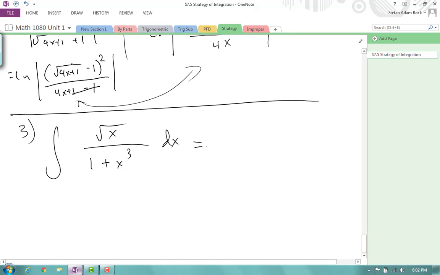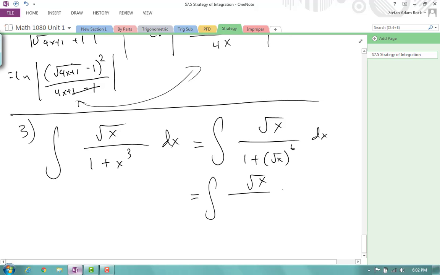So this is equal to the integral of the square root of x divided by 1 plus, I could say, the square root of x to the 6th dx. Or I could say this is the square root of x over 1 plus the square root of x cubed squared dx.